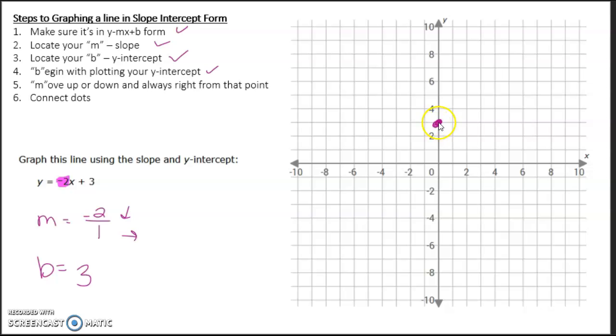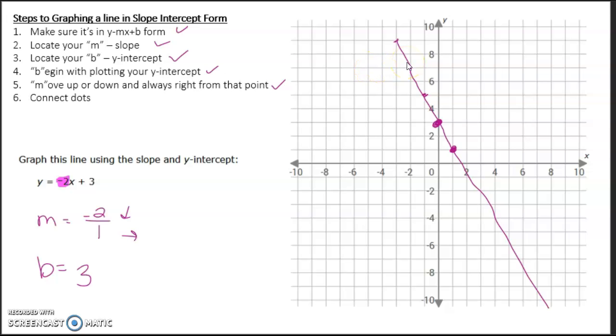So from the point I just created, I'm going to go down 1 and 2 and do another point. Cool. Step 6, connect the dots. I am awful at drawing on these, so I'm going to do a couple more points. But your IXL is super cool because it'll draw the line for you once you draw 2 points. That's it. We just graphed a line in slope-intercept form.